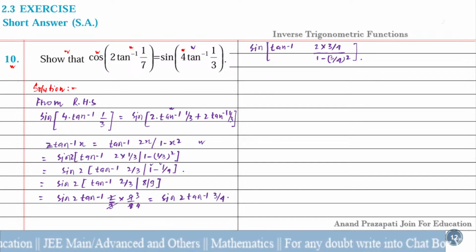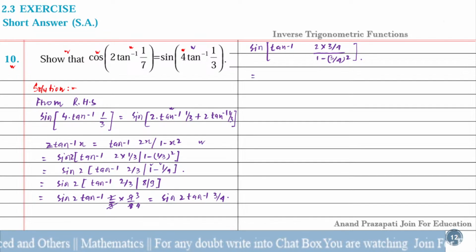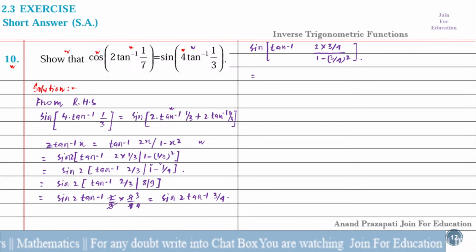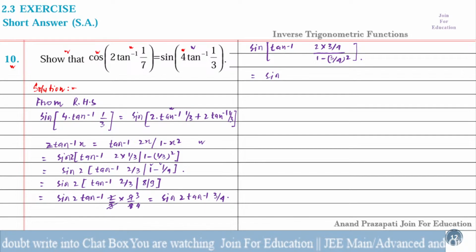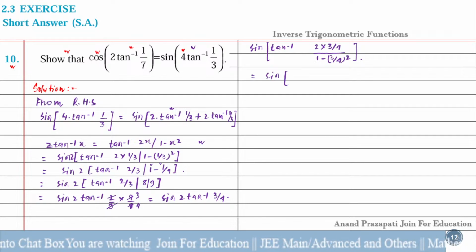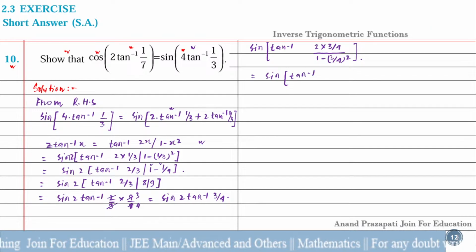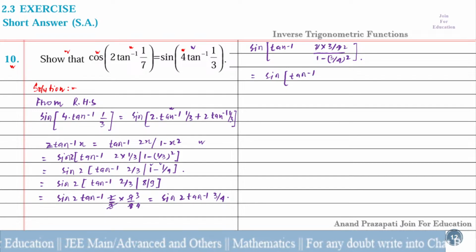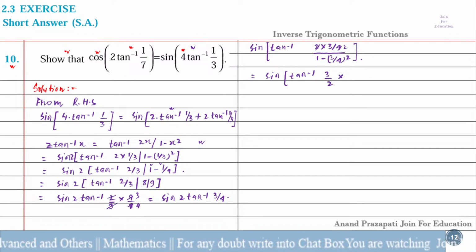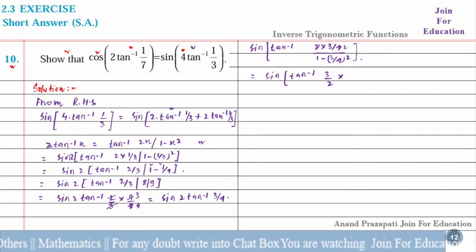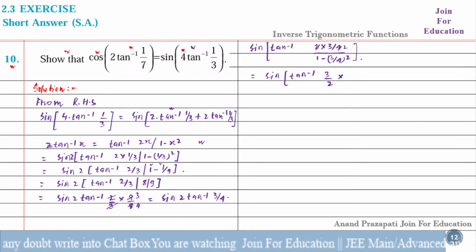So here will be sine and here will be tan inverse. This one cancelled by 3 by 2. So we write down here 3 by 2 into 9 by 16. 16 minus 9 equal to 7 by 16.